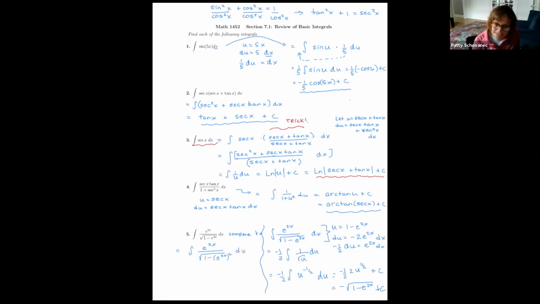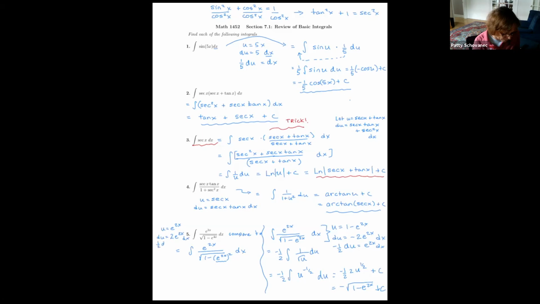So now I've got the same power on e appearing top and bottom. But this time when I choose u, I only take u to be the stuff right here in the parentheses. I take u to be the e to the 2x only. And so its derivative is the numerator times 2.